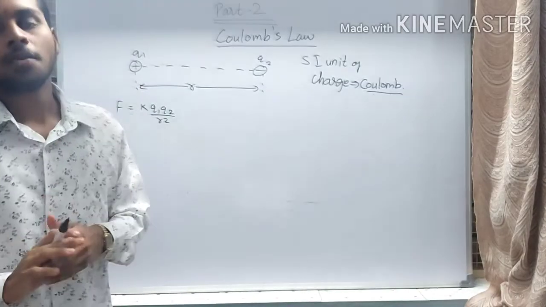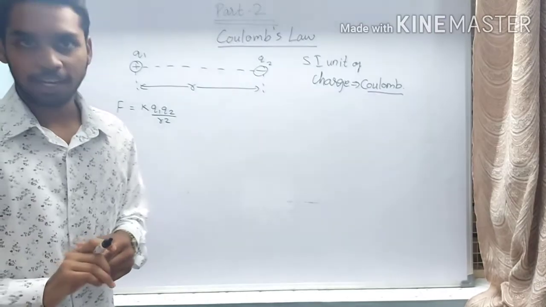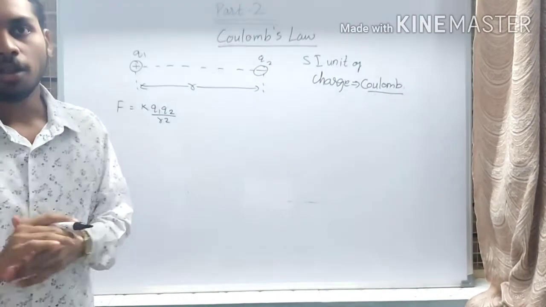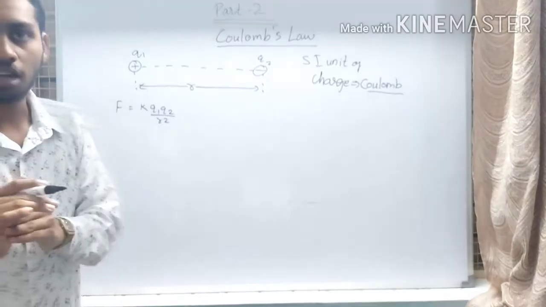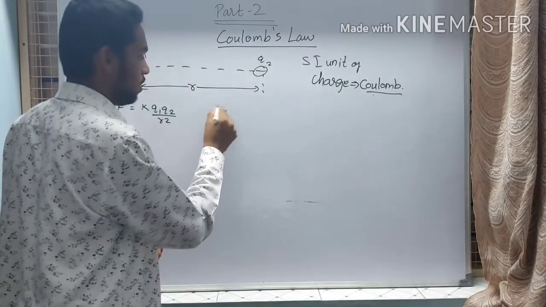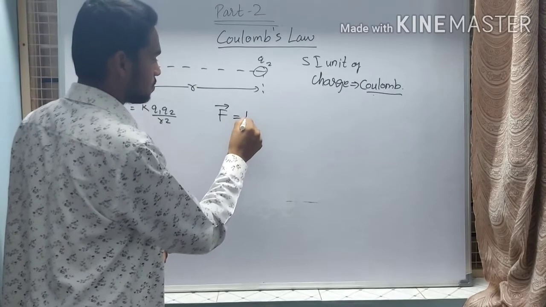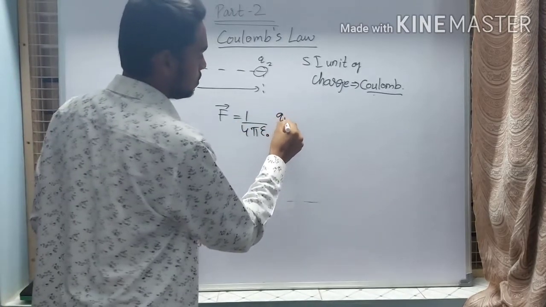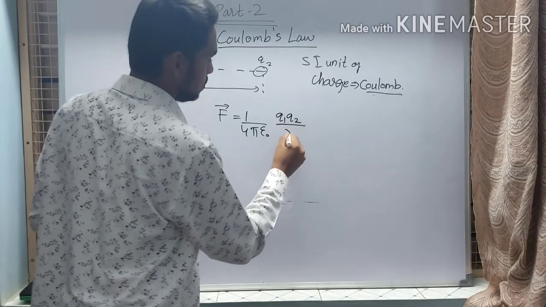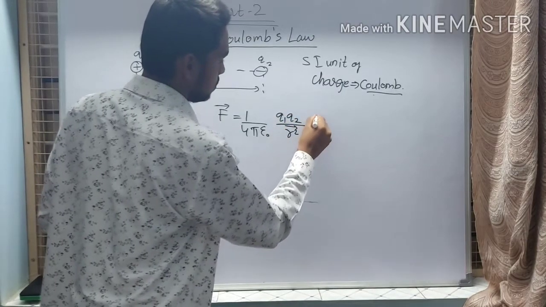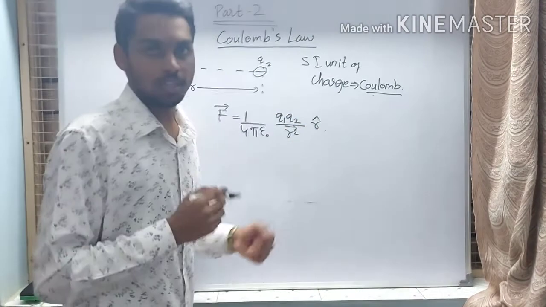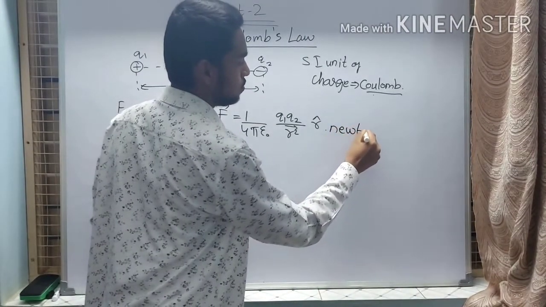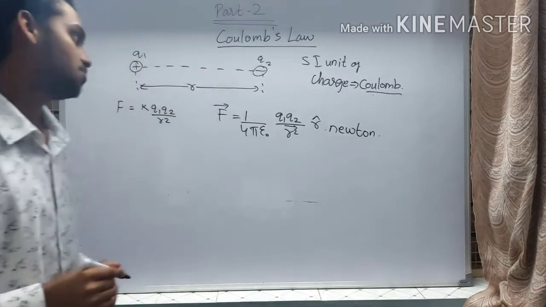Friends, since force is a vector quantity, we can represent Coulomb's equation in vector form. How? In this way. You can write it in both ways. In this way you can write the vector representation, where the force is measured in Newton.